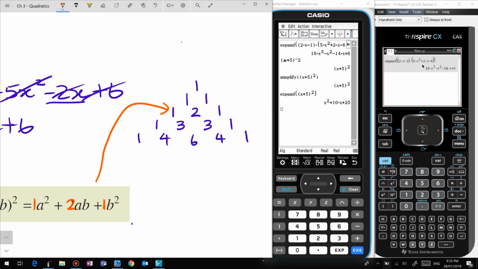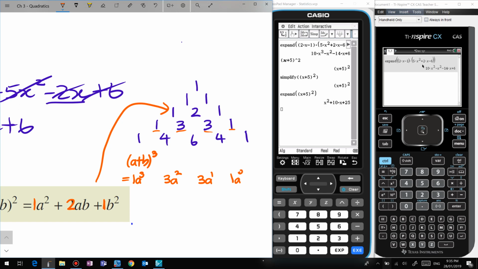If I was to expand a plus b cubed, the coefficients will be 1, 3, 3, 1. My first term always goes to the highest power, so a cubed, then squared, then to the 1, and then to the none.